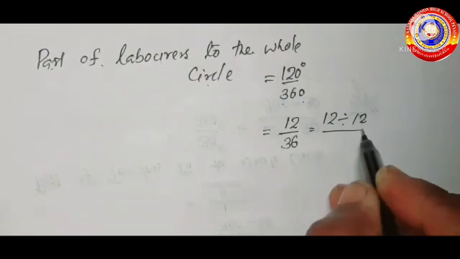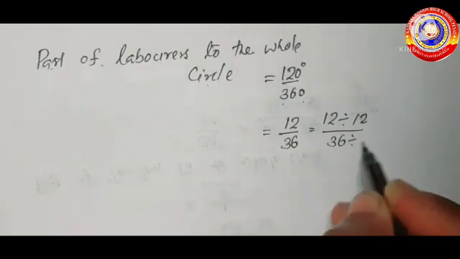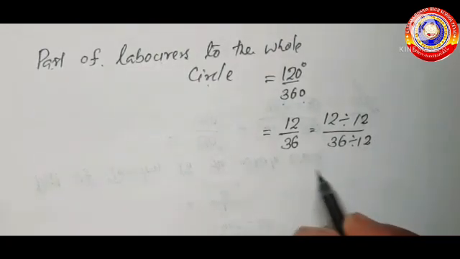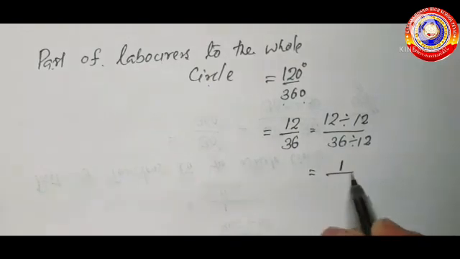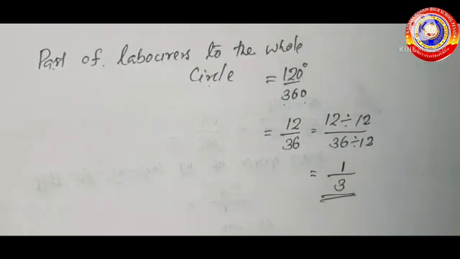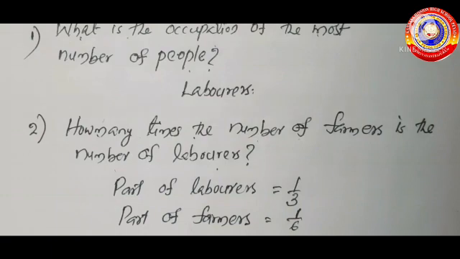Then we divide by 12, it becomes 12 divided by 12 over 36 divided by 12. 12 divided by 12 is 1, 36 divided by 12 is 3. So, the part of laborers to the whole circle is 1 by 3.